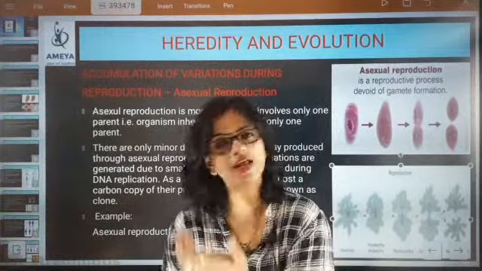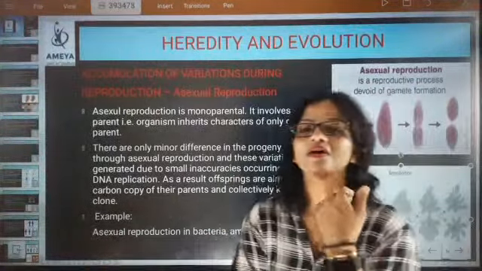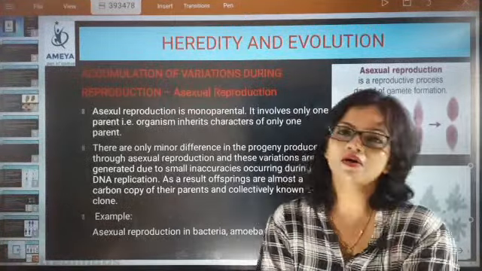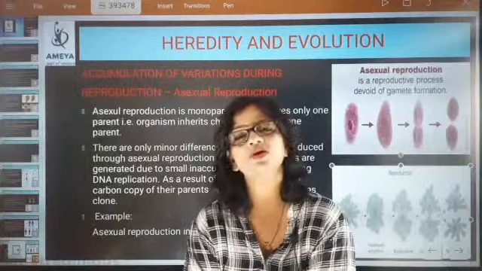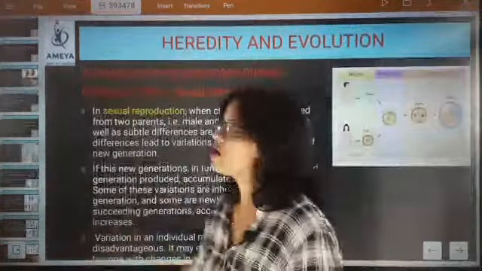So when the amount of inaccuracies is less, the child will be more or less a clone, very much similar to the parent. Because of that, in asexual reproduction we say that clones are formed.